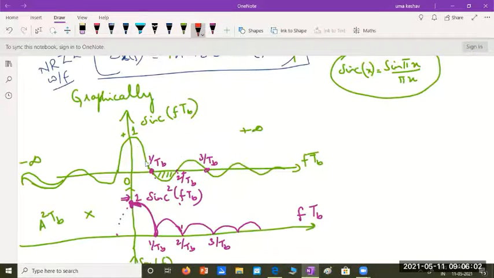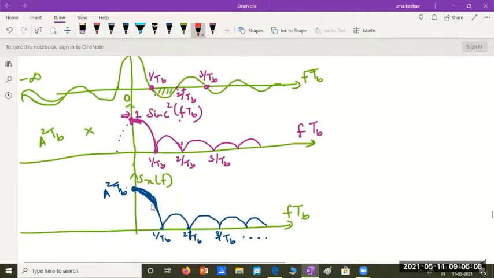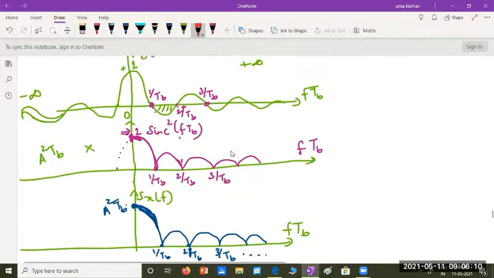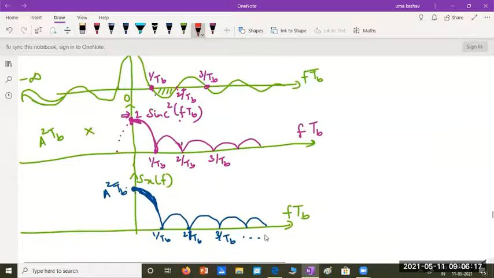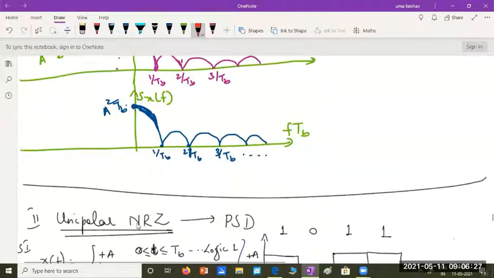We know a sinc function looks like this. Sinc square will look like this, all on the positive side, you will not have negative, and therefore Sx of f, which is A square Tb into sinc square f Tb, will look like this. So at every 1 by Tb value, the value of this power spectral density would become 0.